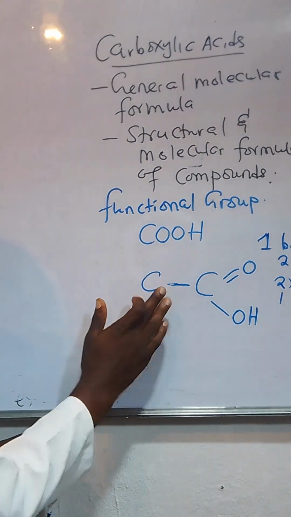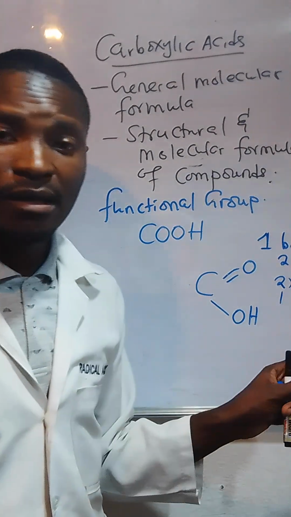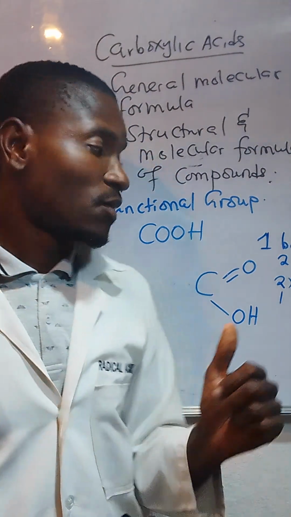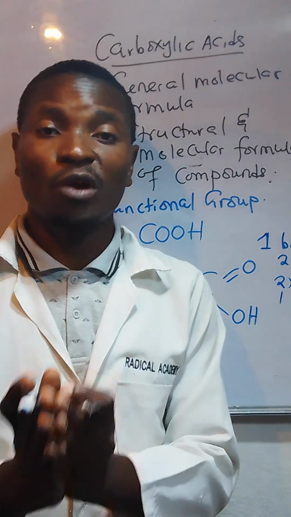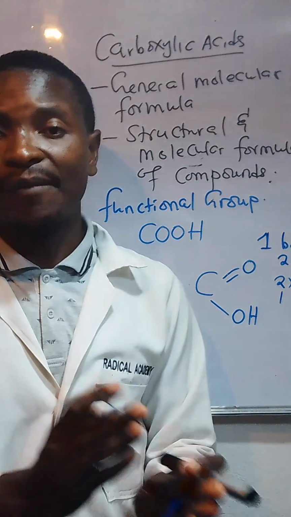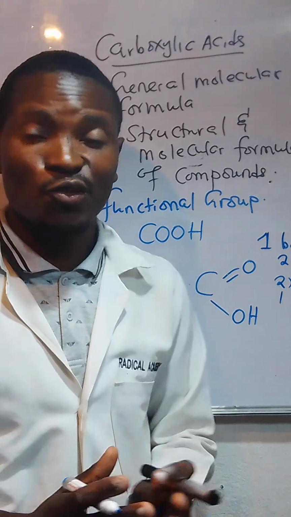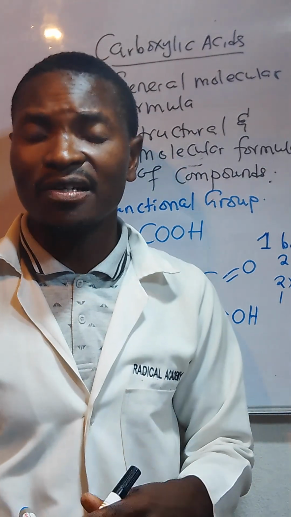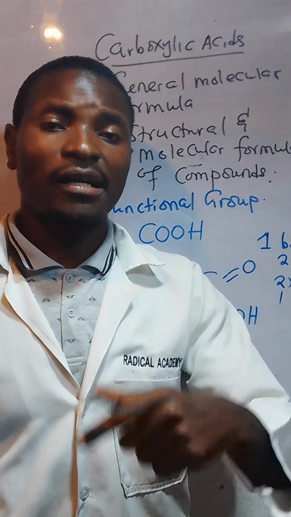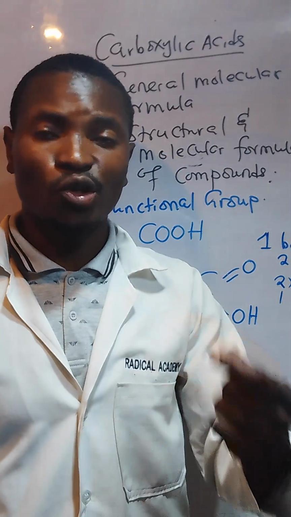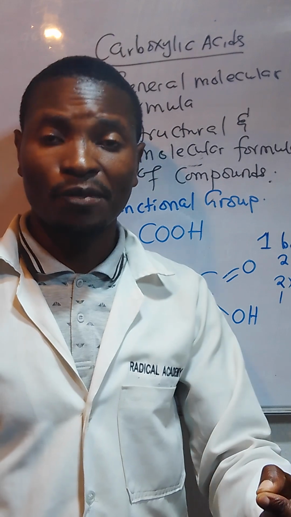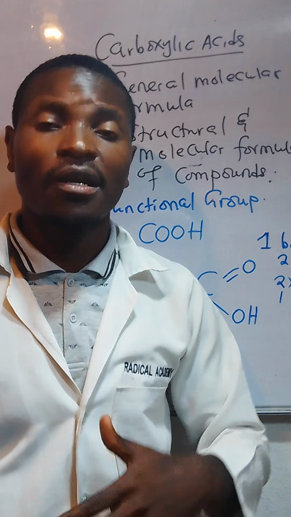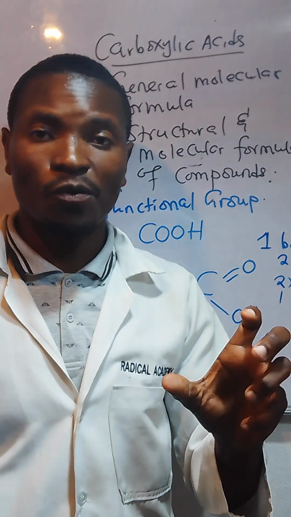Now, when you look at this functional group of the carboxylic acid, this is the structure of the functional group. Once we identify this structure, it is very easy for us to predict the name of the compound based on the number of carbon atoms in that compound, and we can also tell which family of the hydrocarbons this compound belongs to.